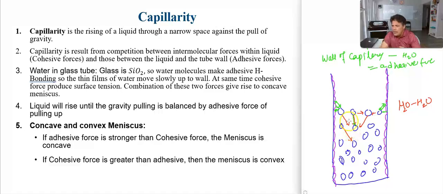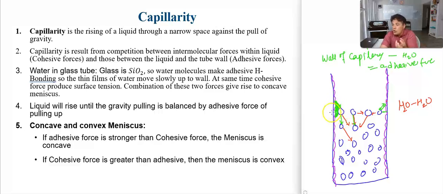It means that if the adhesive force, this force between the wall and this molecule, is larger than the force with which this water pulls down, then what will happen? This force will win, right? The force between wall and the water will win.